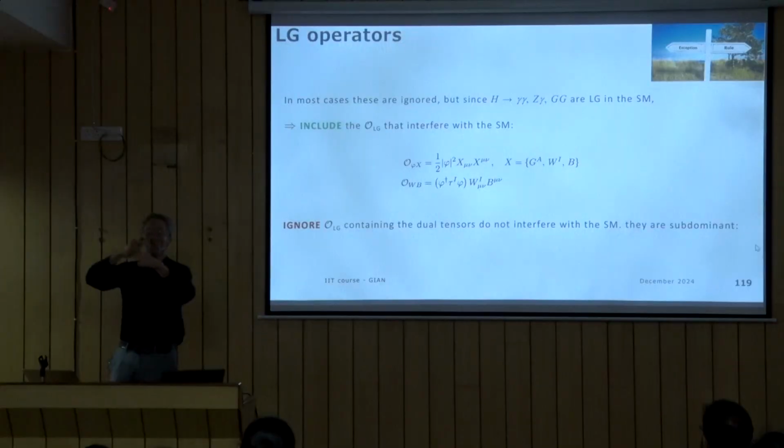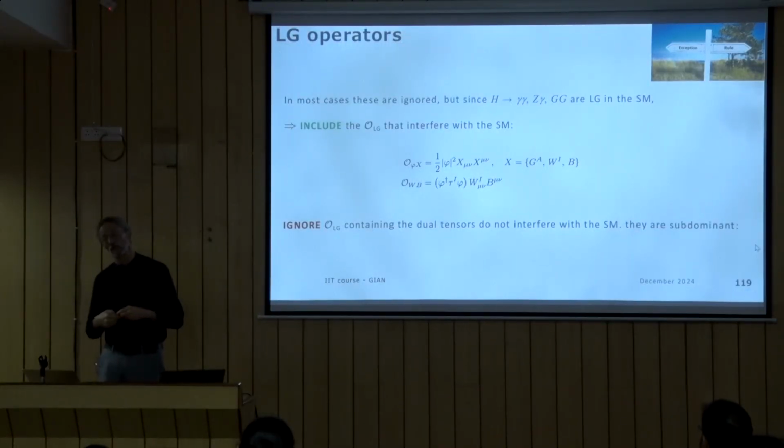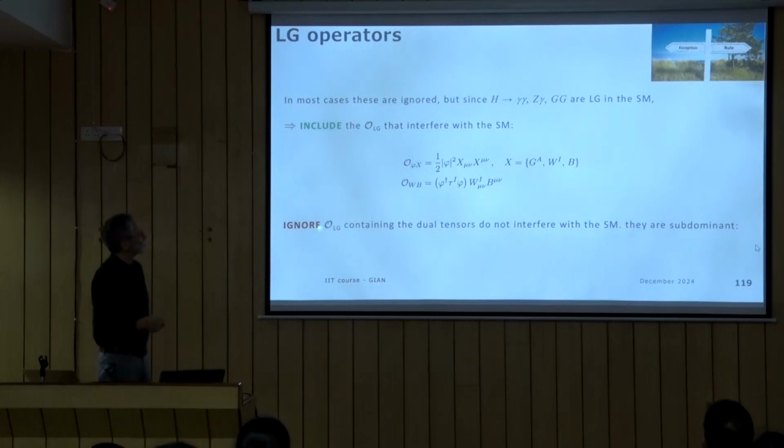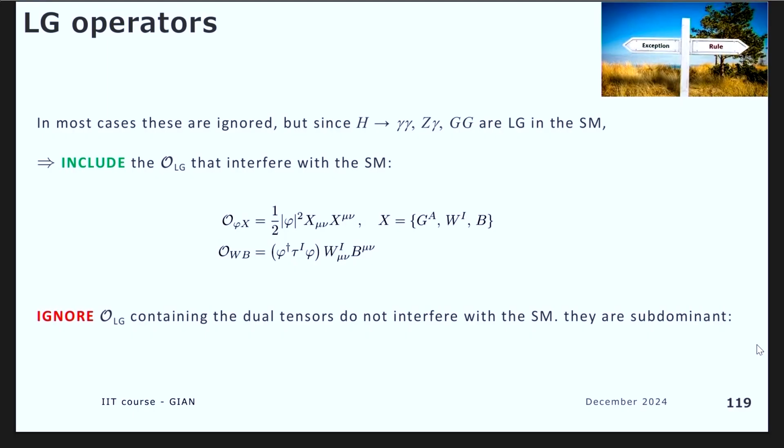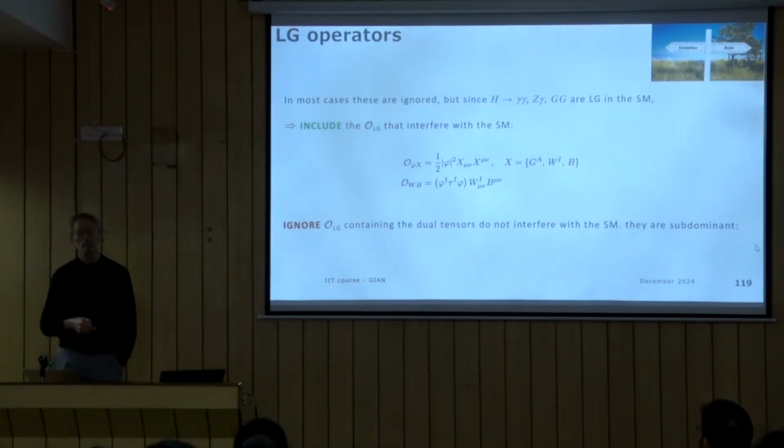There is no interference term that would give a 1 over lambda squared. And in addition, they have a 1 over 16 pi squared suppression. So these we will ignore. And in particular, those are the ones that include x tilde, where x tilde is the dual of the corresponding field strength. Okay? Questions so far?